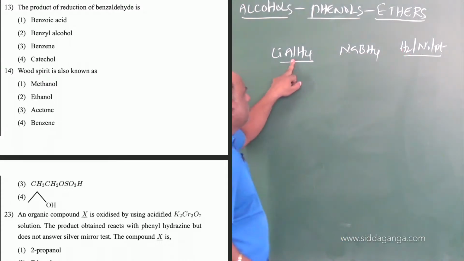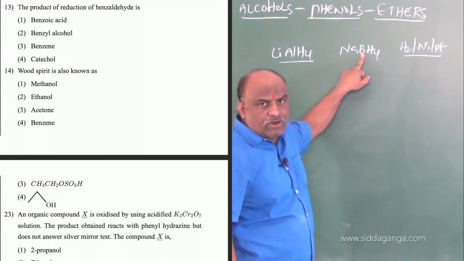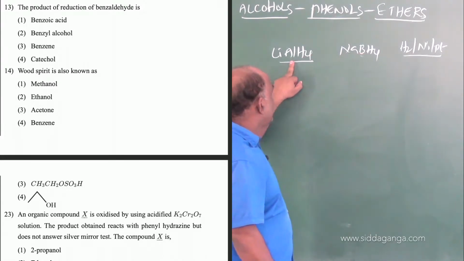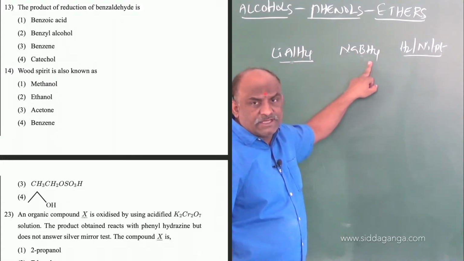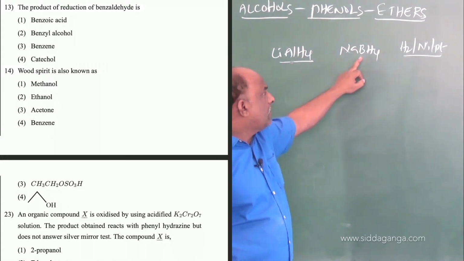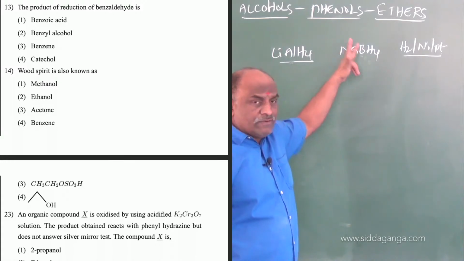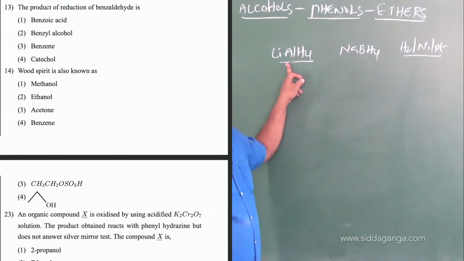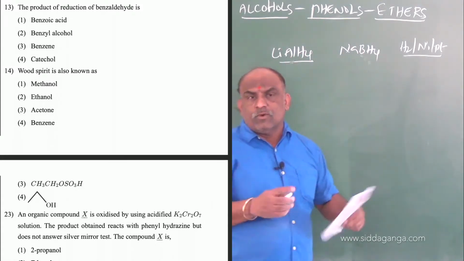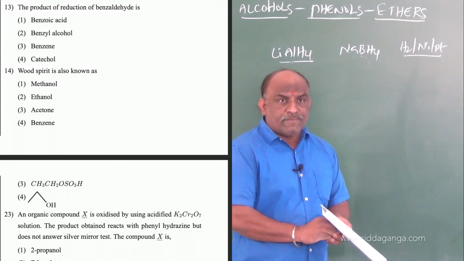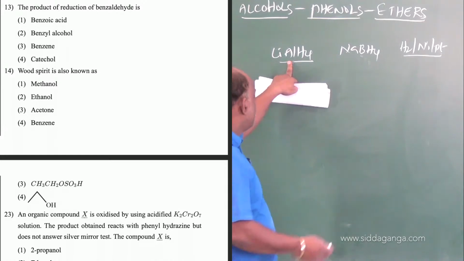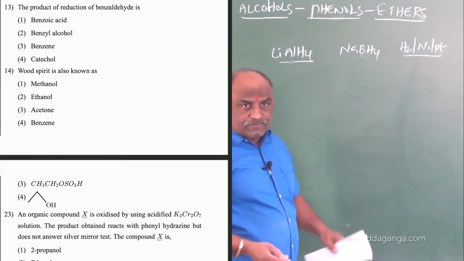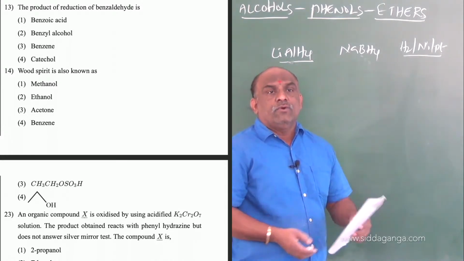Lithium aluminum hydride and sodium borohydride are reducing agents, and lithium aluminum hydride is a stronger reducing agent compared to NaBH4. NaBH4 cannot reduce all compounds which can be reduced by lithium aluminum hydride. Lithium aluminum hydride is more reactive, and its reduction capacity is greater. It can reduce aldehydes into alcohols.